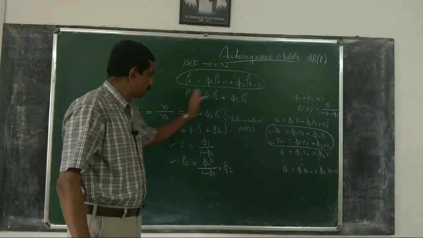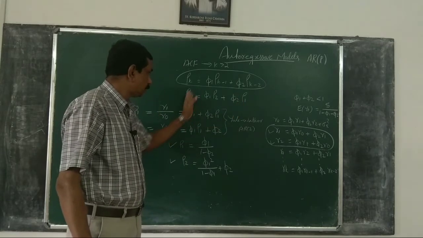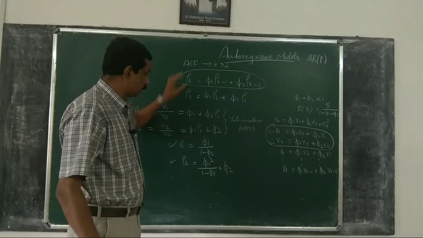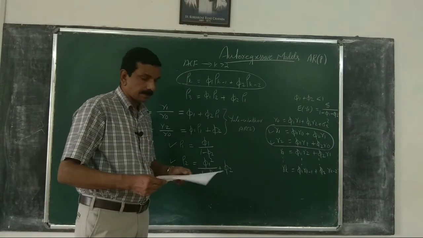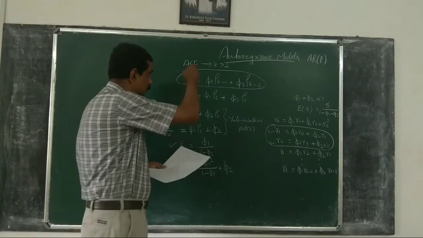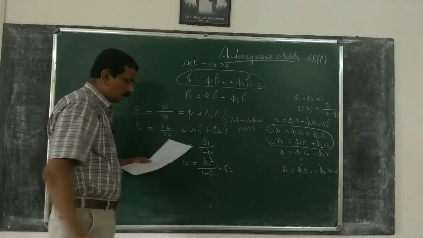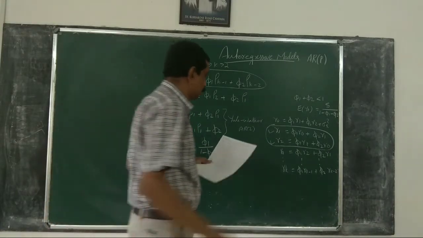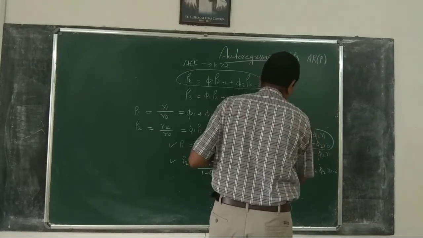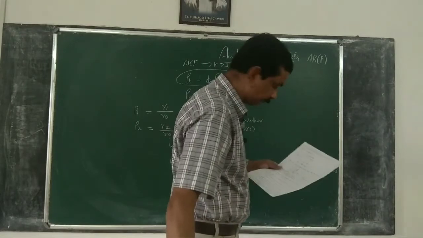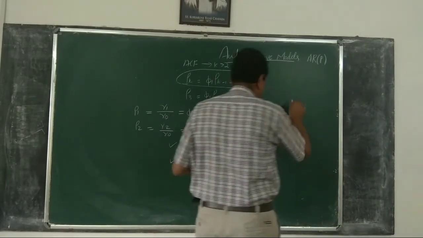When rho 3 is calculated, then rho 4 can be calculated. In that way, we can calculate up to rho k. This is the ACF, autocorrelation function. And when we plot this autocorrelation function against k, you will get the correlogram. You will get the correlogram like this.